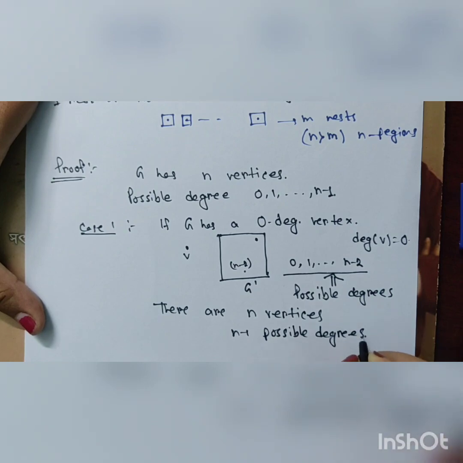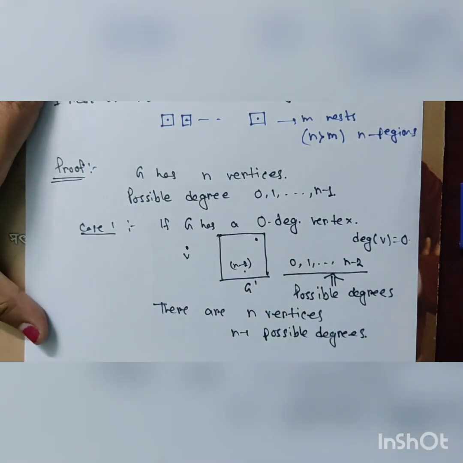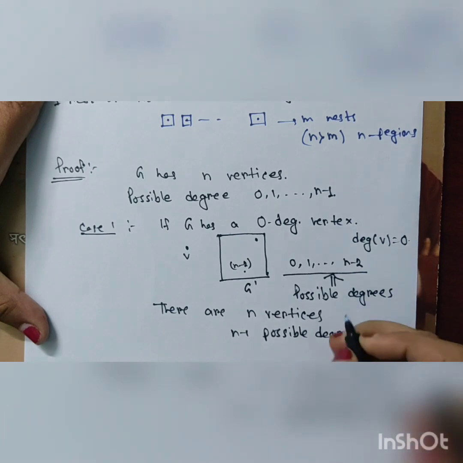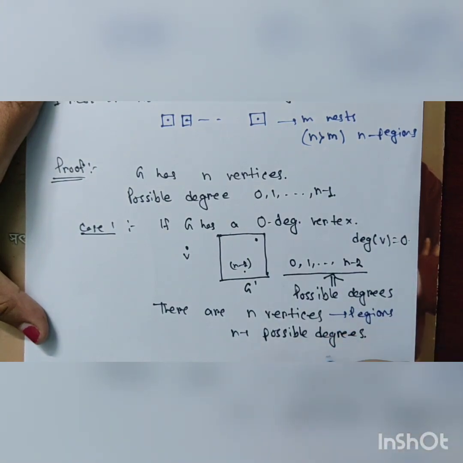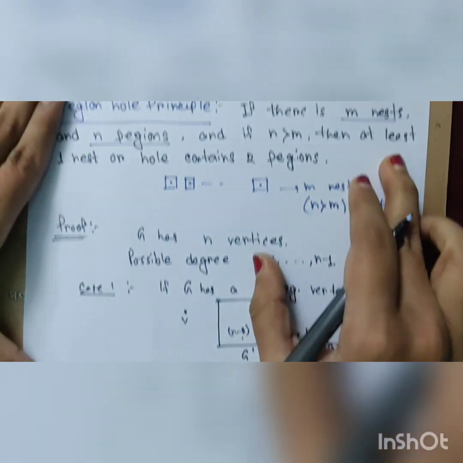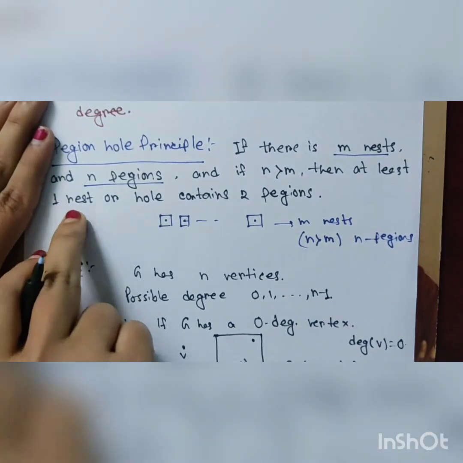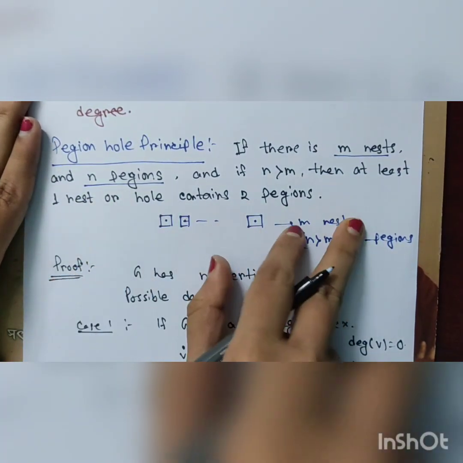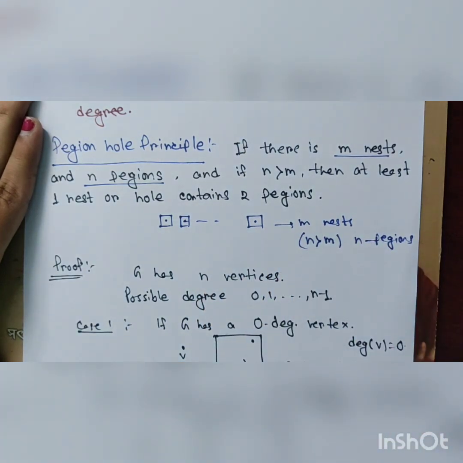If we consider these vertices to be pigeons, and these possible degrees to be holes, then we can observe from the Pigeonhole principle that there is at least one hole which contains at least two pigeons.